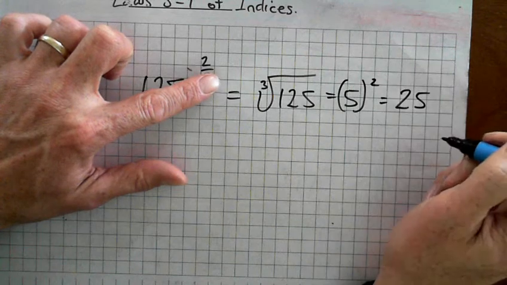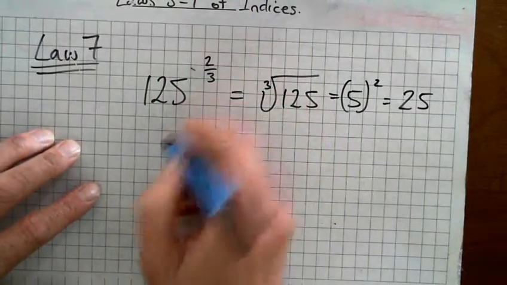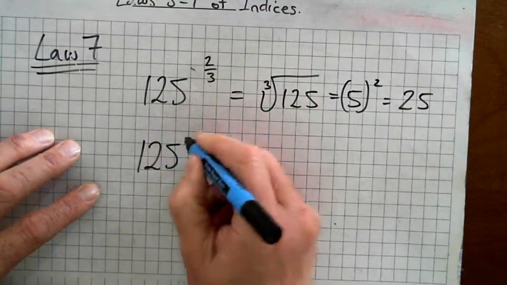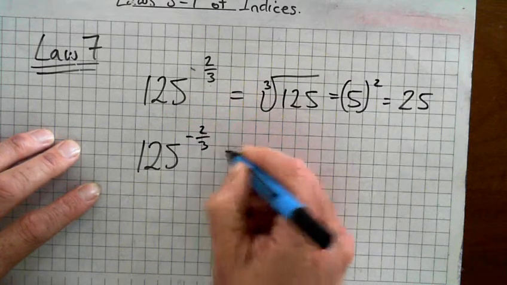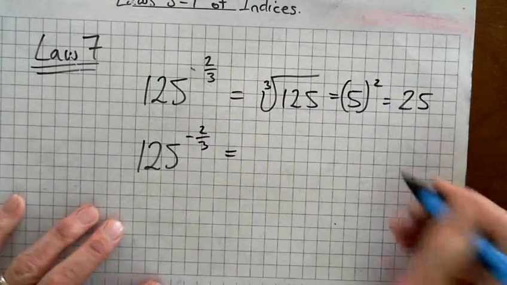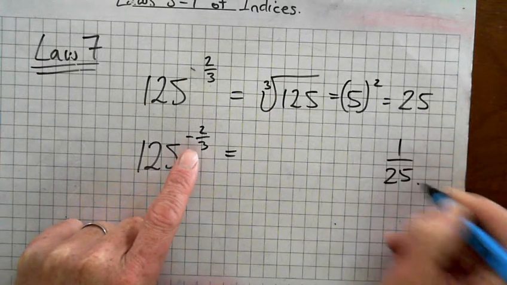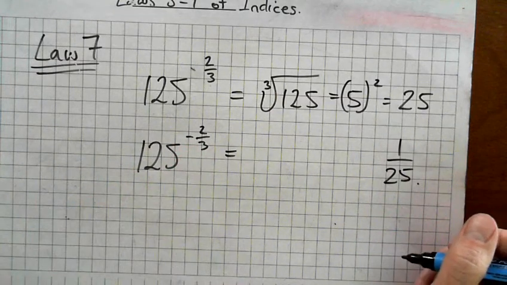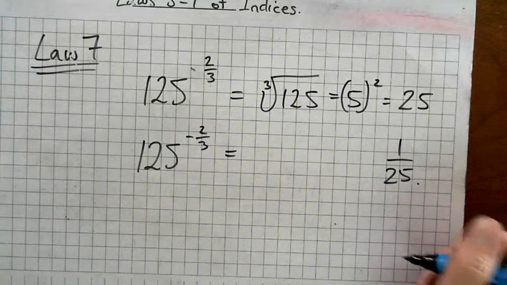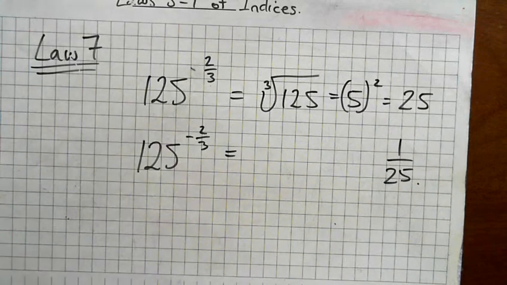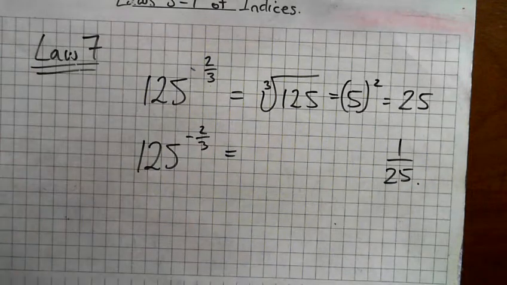It's 25. Now I'll write down the actual sum. So what's my answer? Okay, do you get that?